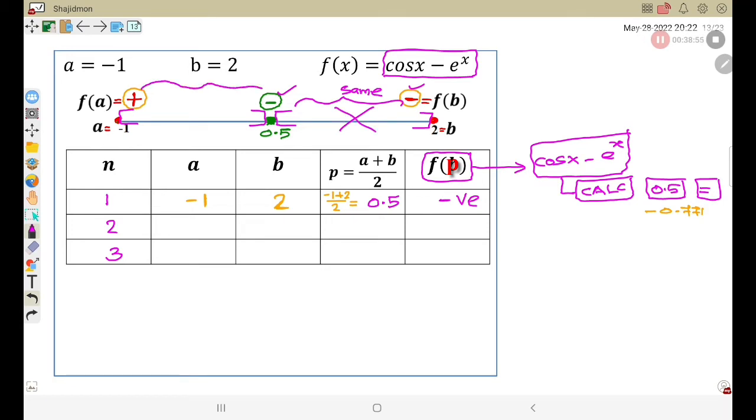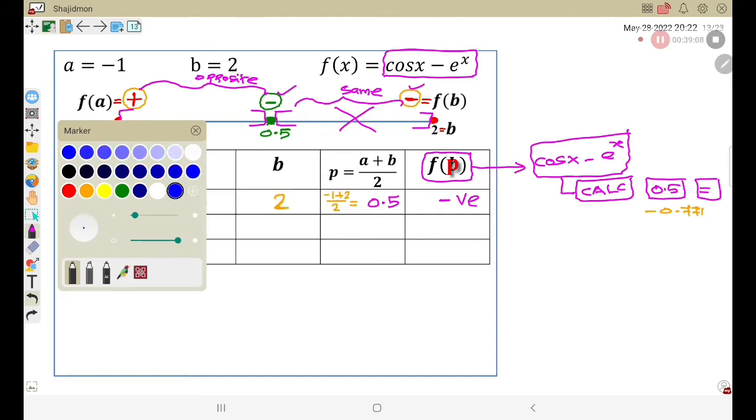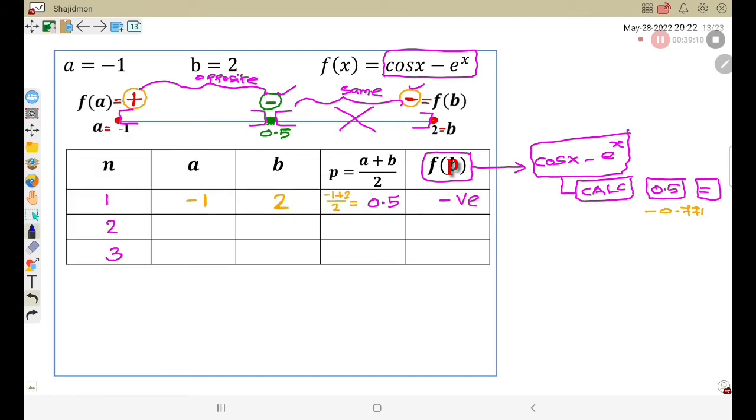Sorry, positive and negative, here it is opposite. So which interval we are taking for the next approximation? This one, minus 1 and 0.5. I hope you understood. Minus 1 here and 0.5 here. This we are taking for the next approximation.